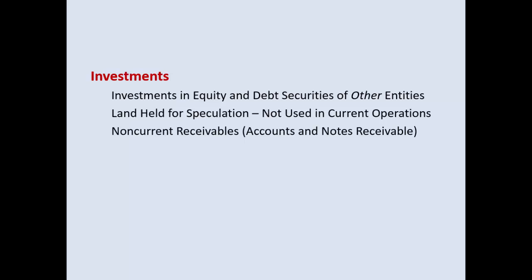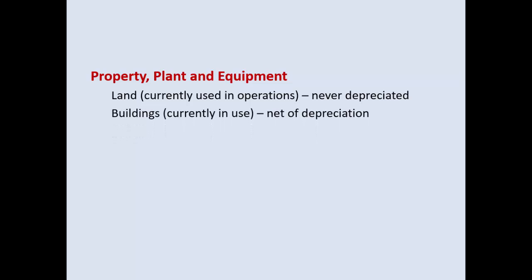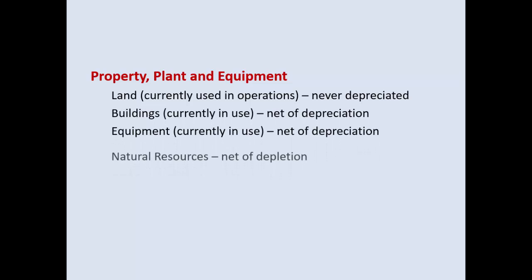Non-current receivables also go down here, where your current receivables are up in the main current assets. If you have cash set aside for special purposes, you have to classify that with your investments. Then property, plant, and equipment, sometimes abbreviated PP&E. Land, buildings, those long-term assets.